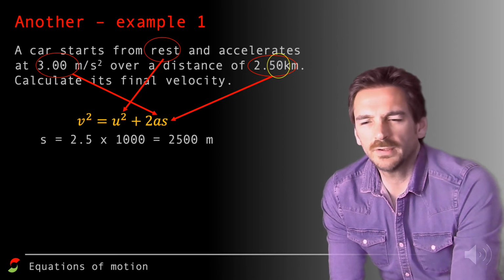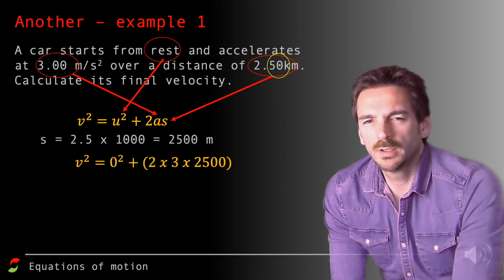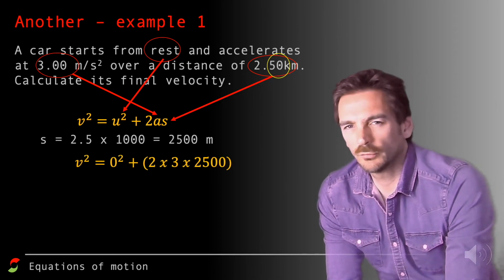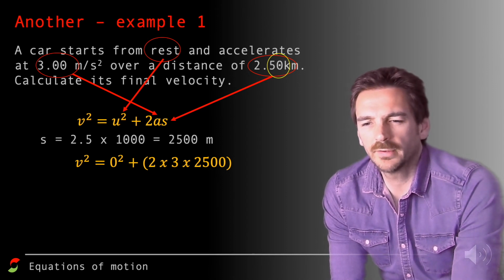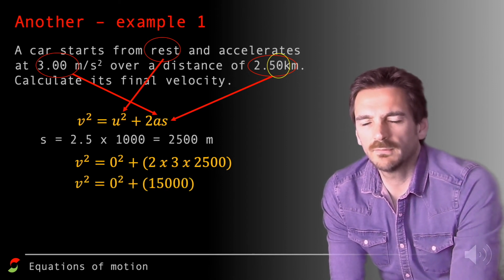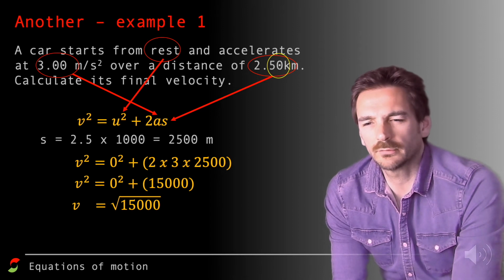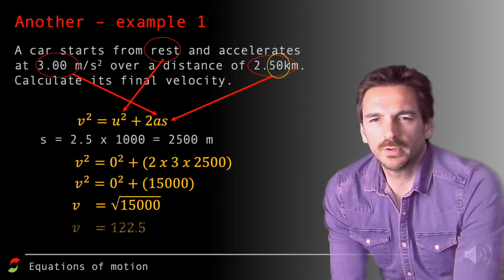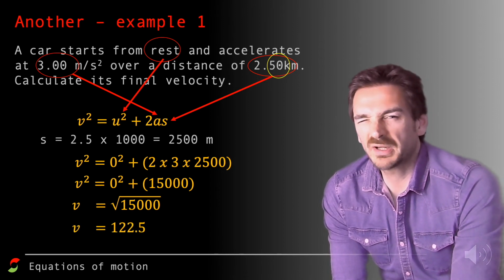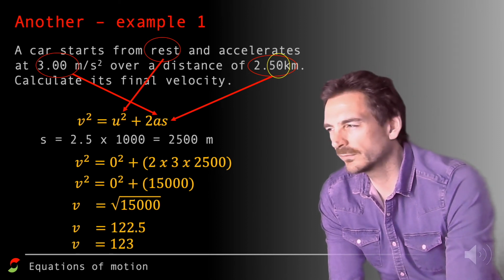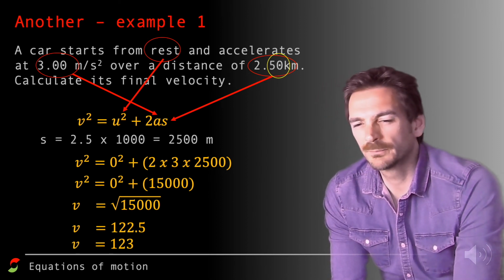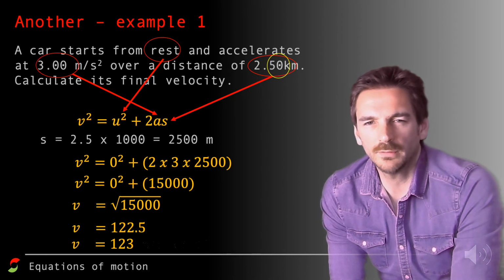Now we can substitute in v squared equals 0 squared plus 2 times 3 times 2,500, multiplying that bracket out. Plug that into your calculator, and we get v equals the square root of 15,000, which is 122.5, so 123 to 3 significant figures, because all the values there are in 3 significant figures, and don't forget the units.